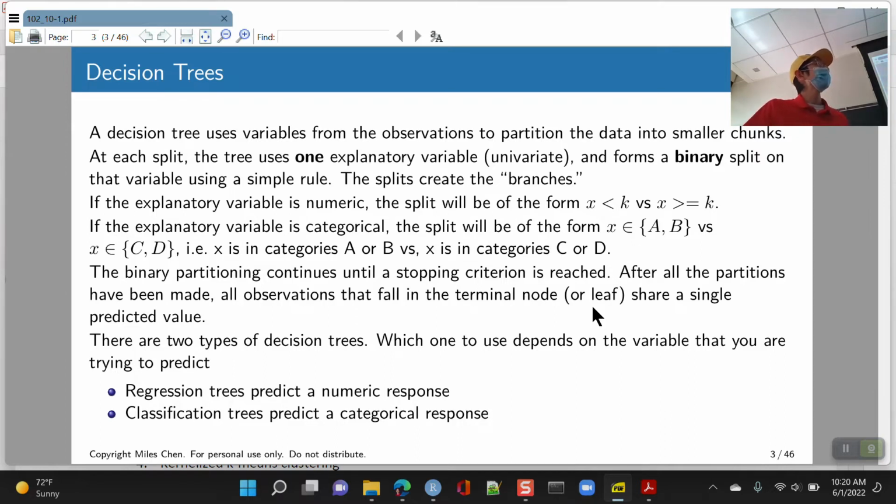So decision trees and regression trees will only have a discrete number of values that they can predict, okay? If you have a tree with 8 terminal nodes, that tree is only able to predict 8 distinct values, okay?